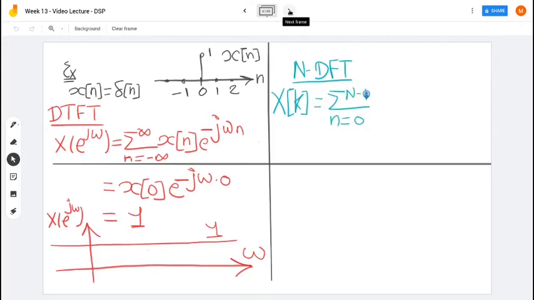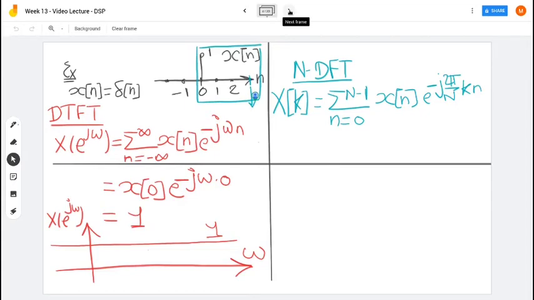We will choose a window in time domain, and we'll be summing x of n e to the negative j 2 pi over n times kn, where also we have replaced the continuous frequency omega with discrete frequency 2 pi over n k. This is equivalent to taking only a window of the signal, and instead of working with the entire time domain, we only choose a window extending from 0 up to n minus 1.